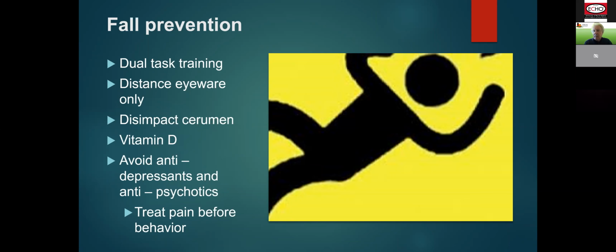Vitamin D therapy is definitely proven to reduce falls in the nursing home. A little more controversial in the outpatient setting, but again, vitamin D is important anyways because you want to prevent osteoporosis. And then lastly, trying to avoid antidepressants if possible, as well as antipsychotics.